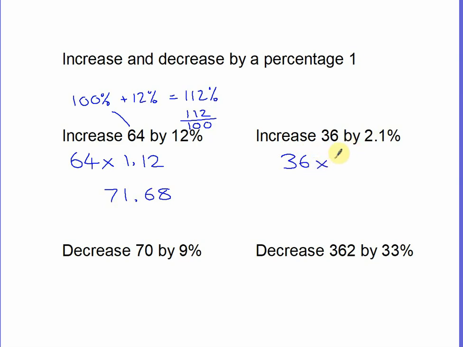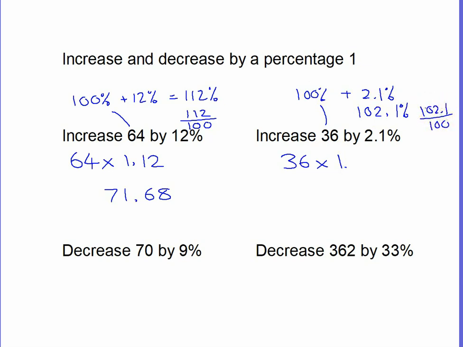So it's going up, so it's 1 point something. Well, it could be 2 point something if it's going up by like 108%, for example. But if this is 100%, and we're basically adding on 2.1%, so we end up with 102.1%, which is the same as 102.1 divided by 100.